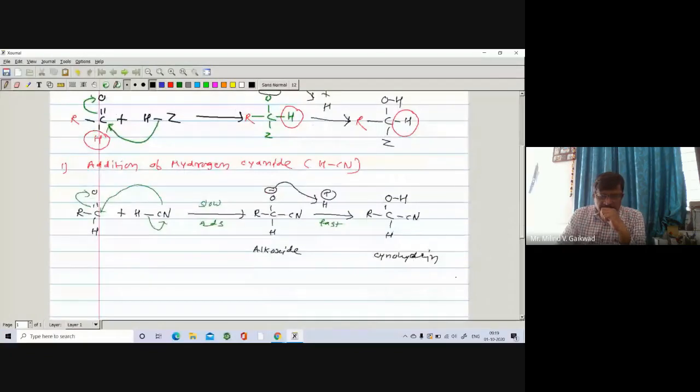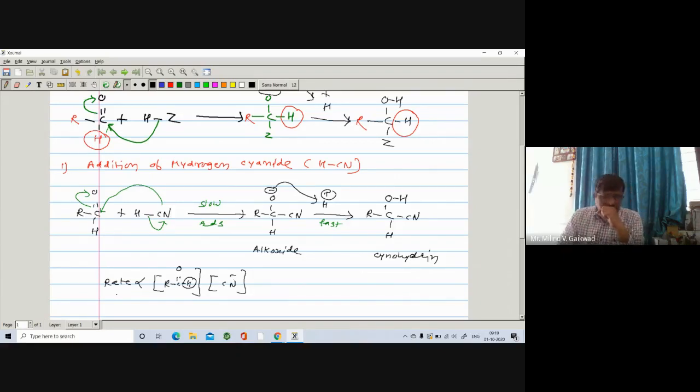So we can write that the rate of reaction is directly proportional to the concentration of RC=O (aldehyde or ketone) and the concentration of CN minus, or you can say HCN.